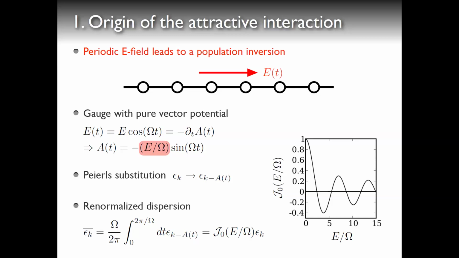That's this average dispersion. And what we find for this is that it is the same as the original dispersion, but it is renormalized by a Bessel factor of field over omega. And the Bessel function is sketched here. It has sign changes, and these sign changes lead to the inversion of the interaction.